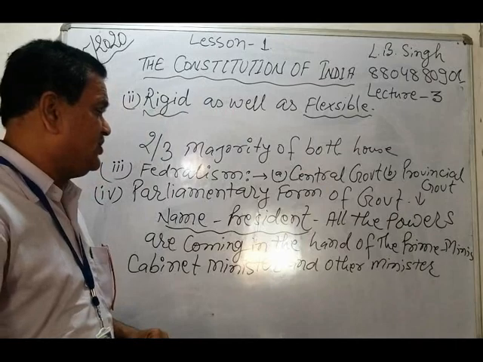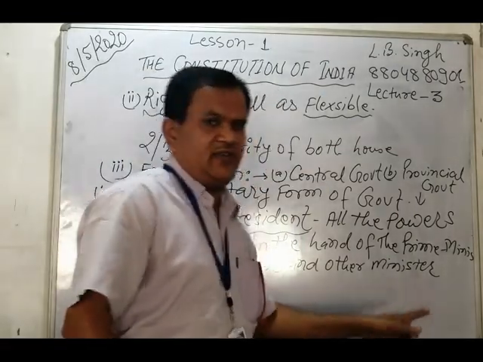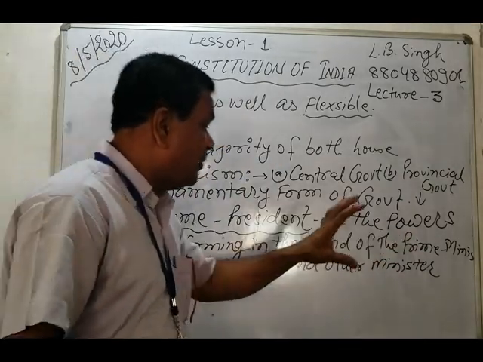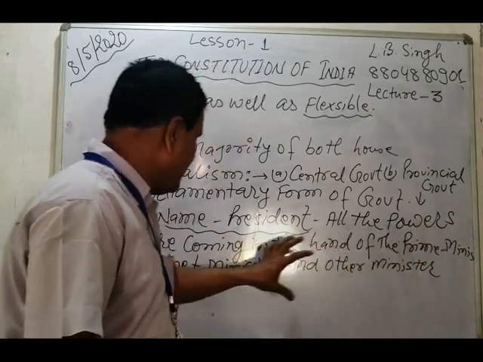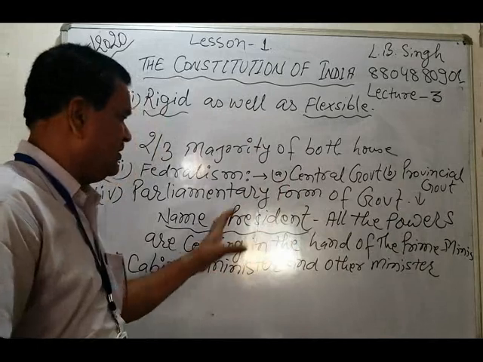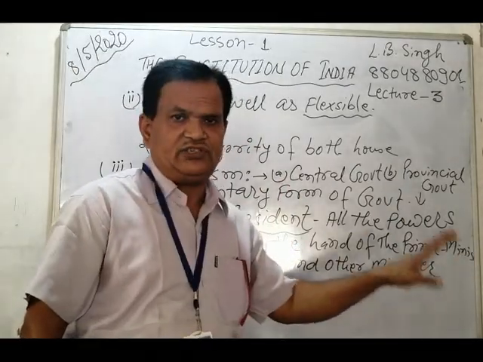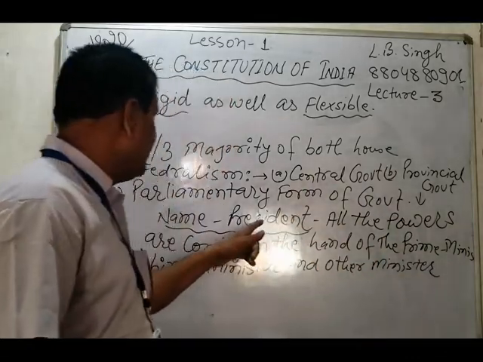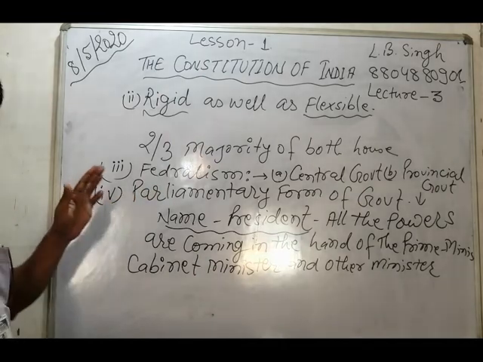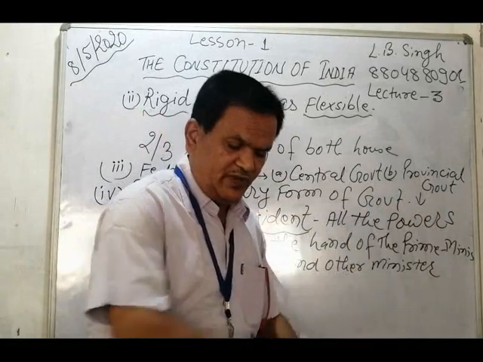Under the Prime Minister, all the cabinet ministers and ministers come. That means any regulation is passed by the opinion of three persons: Prime Minister, Cabinet Minister and other ministers. That's why this point is a very important feature of our constitution, the parliamentary form of government.